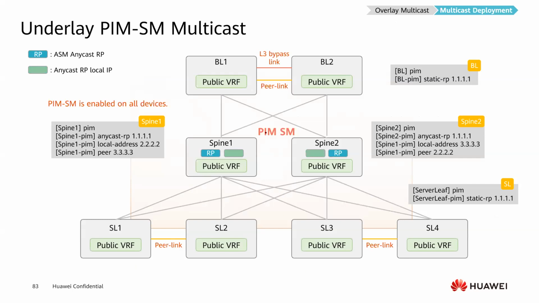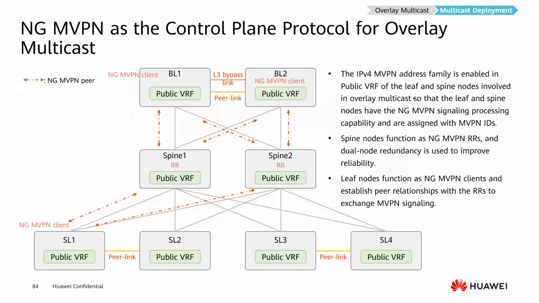For example, for the span device, we need to deploy the unicast routes. And for this wait type, we need to configure the IP tunnel, and we need to configure BGP NG MVPN.